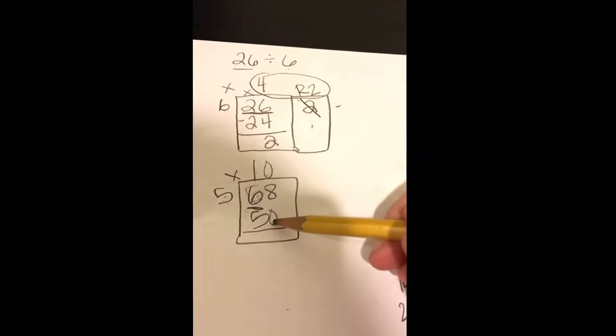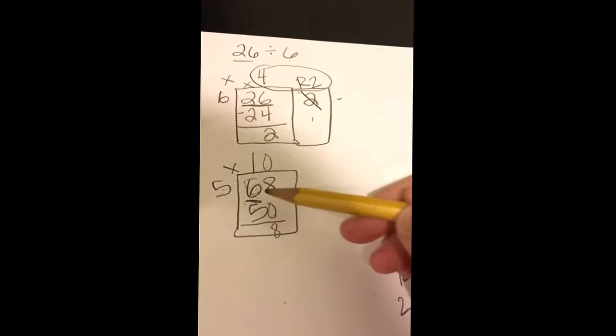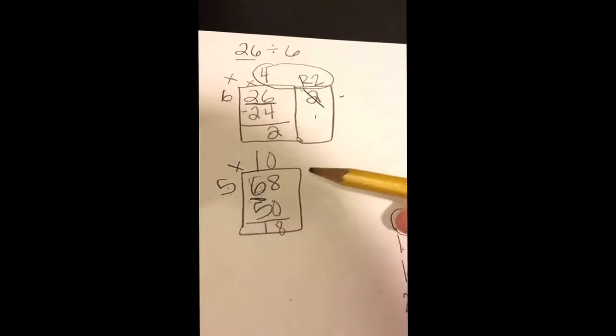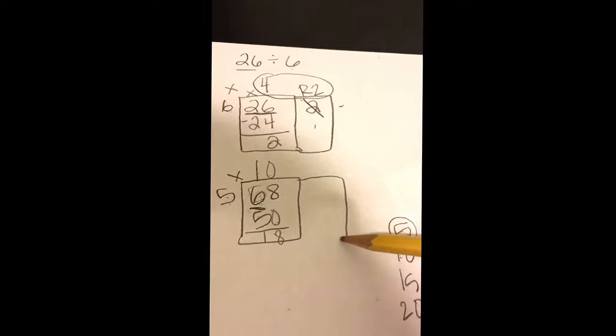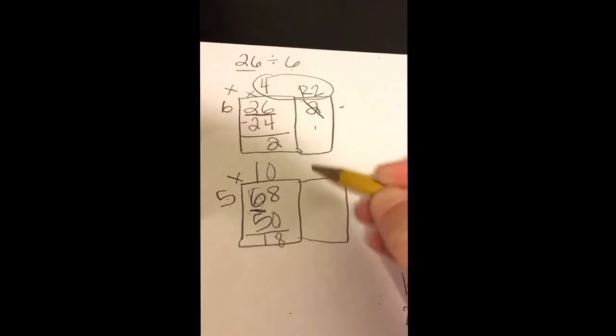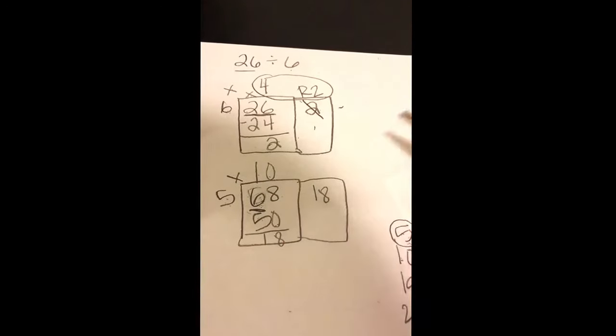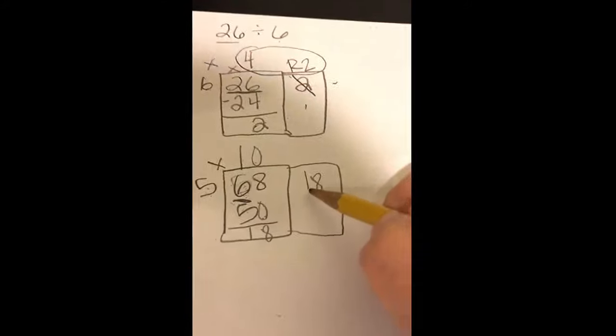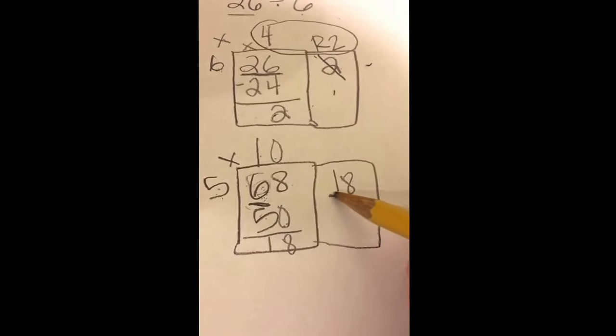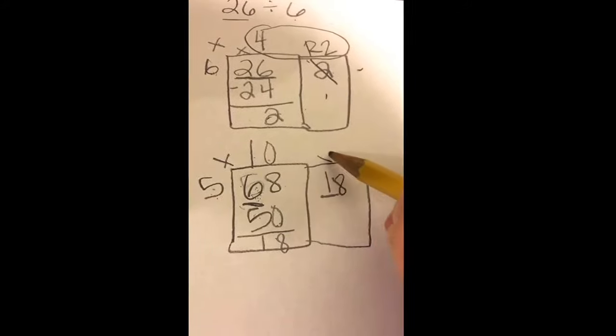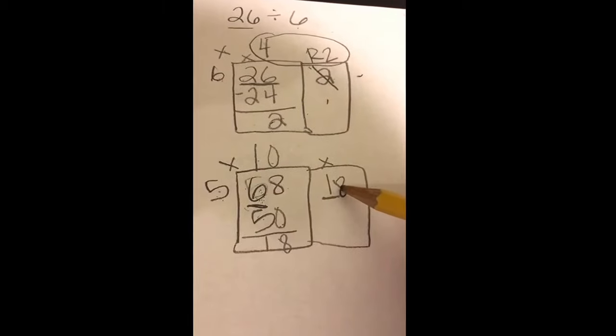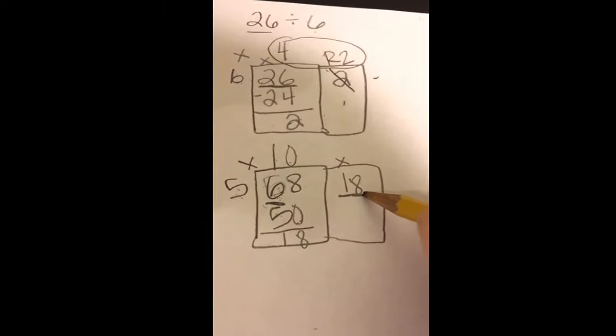So 8 minus 0 is 8, and 6 minus 5 is 1. So that leaves you with 18. So you have to carry it over into this box and start all over. So can 5 go into 1? It cannot. Can 5 go into 18? Yes, it can.